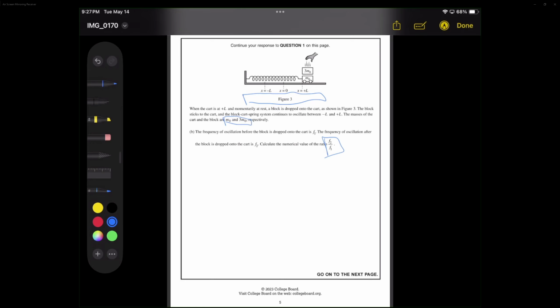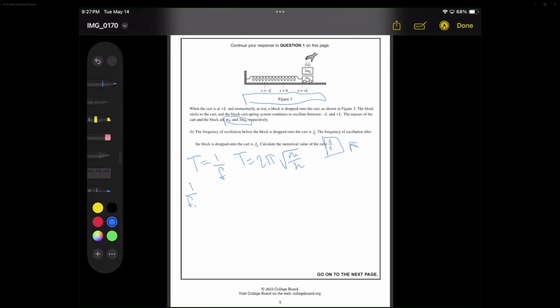I got my sheet up here, and I think the formulas we're going to be using are T equals 1 over F, and T equals 2 pi square root of m over K. Now we're going to combine these and build our frequencies, and then put them into a ratio. So let's start. We'll do it in steps.